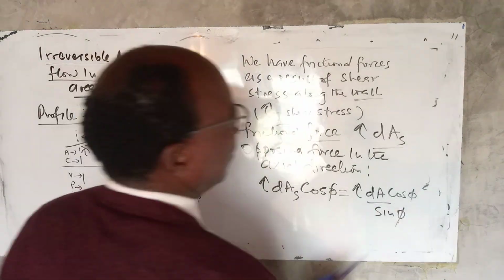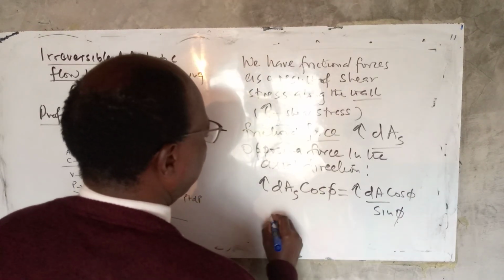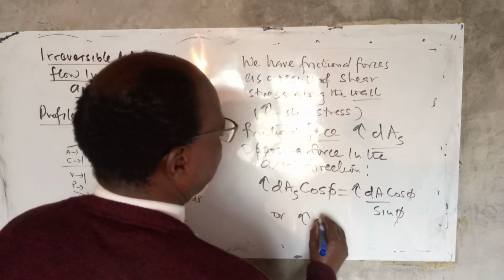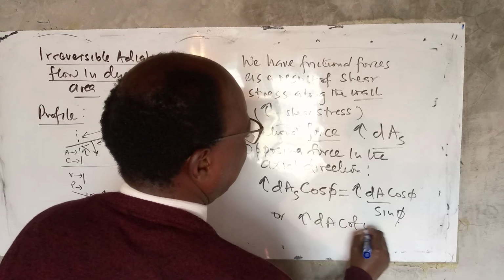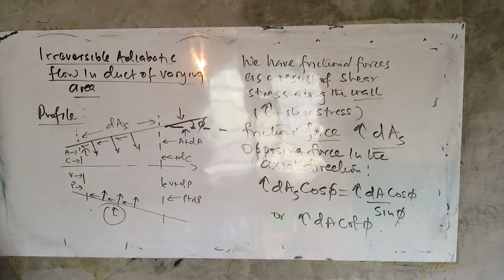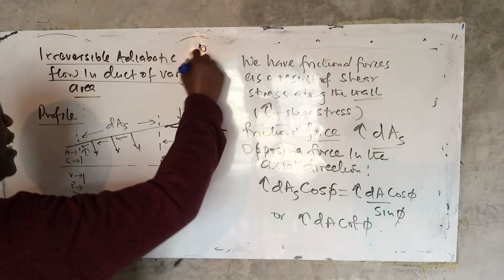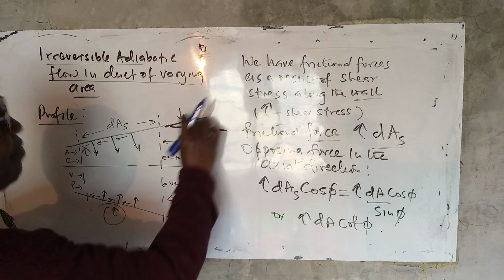And of course, from simple trigonometry, you know that is basically tau dA cotangent of phi, or what I've called theta or phi. I've denoted as that. Let's just say that is as phi.